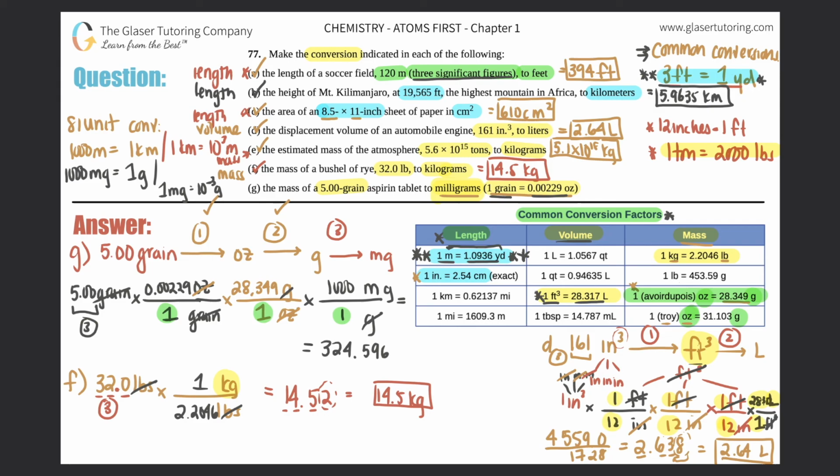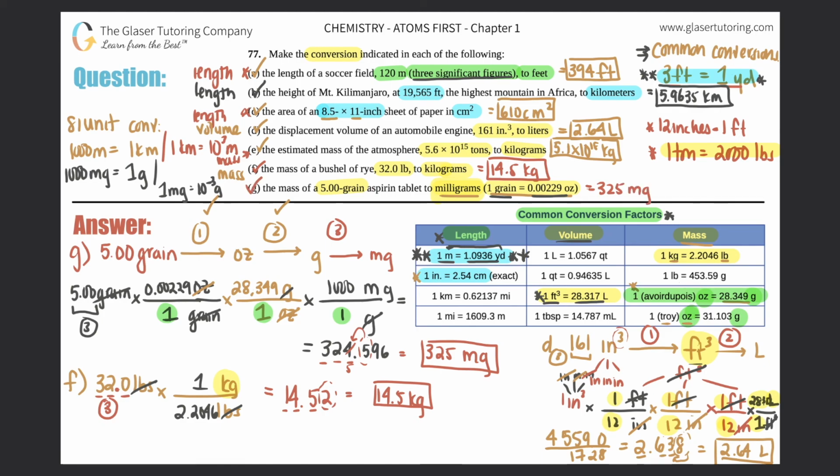Those are trailing zeros, but there's a decimal, so they count. So I just need 3 sig figs here. The 3, 2, 4. The 5, however, will round the 4 up to a 5, and you will get 325 milligram tablet of aspirin. Let me just put that here. So 325 milligram tablet. Check that off.